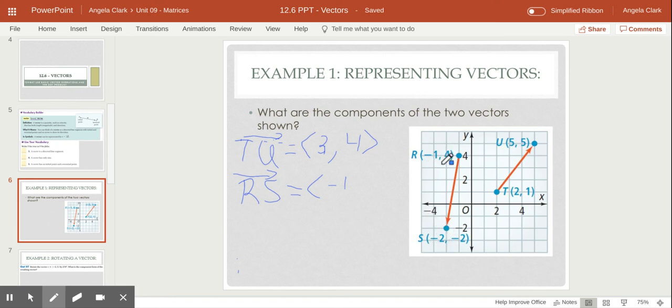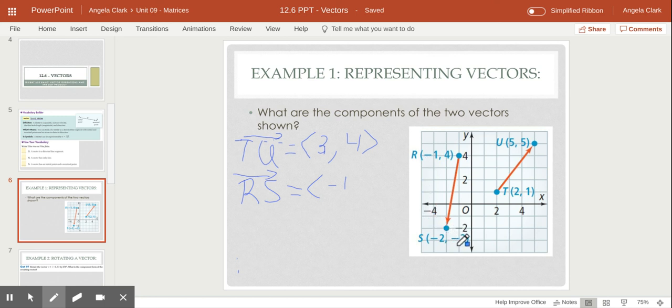So -2 minus -1 is -1. So if you do head minus tail, you'll get the correct sign on your numbers. Or you can just look at the graph and see it's going to the left, so that needs to be negative. But yeah, so S minus R.